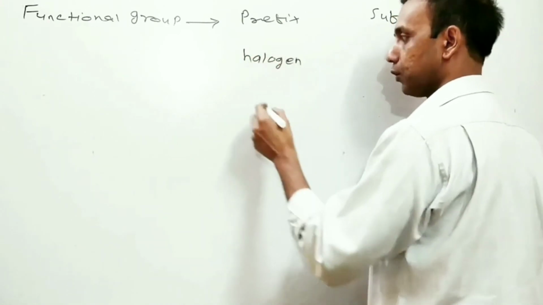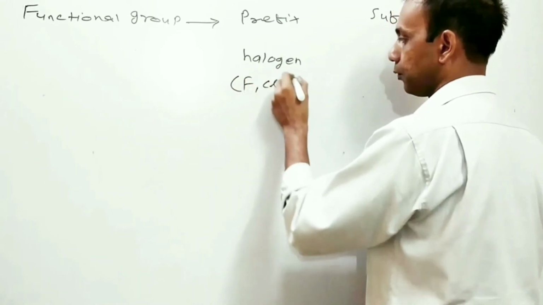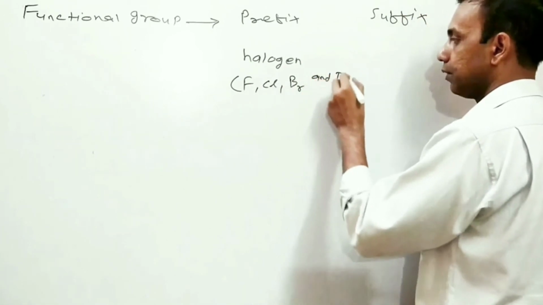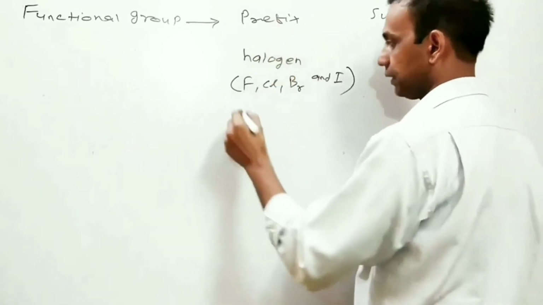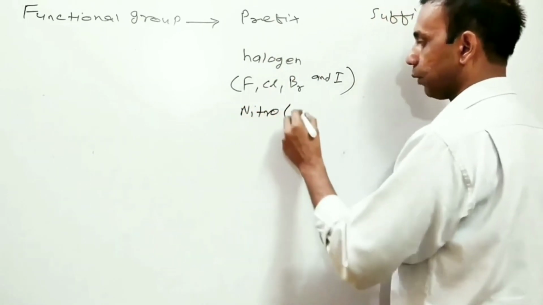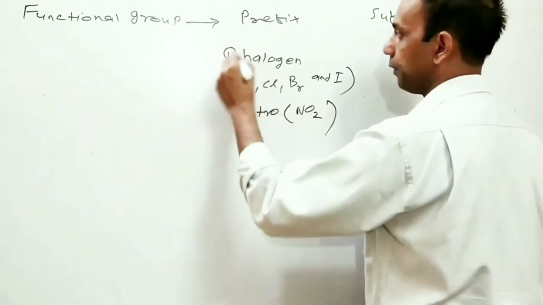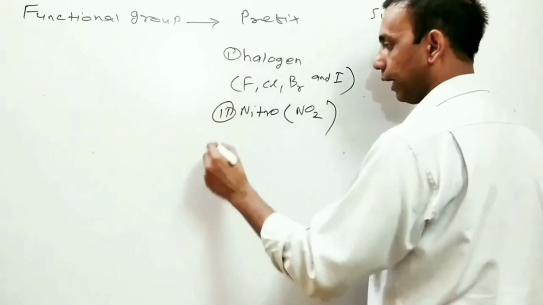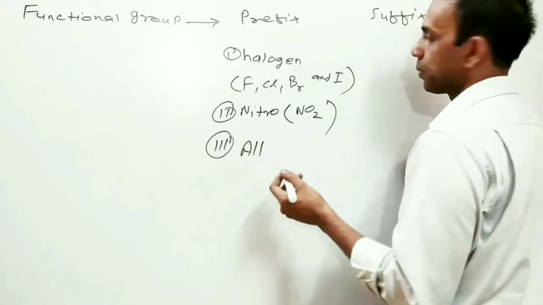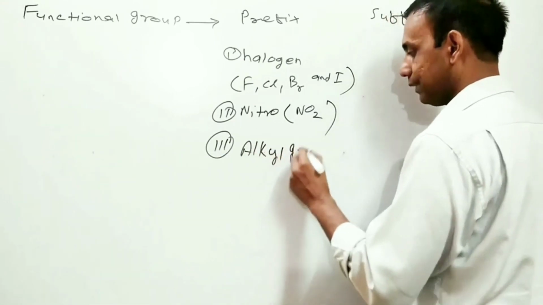What that means is chlorine, bromine, and iodine will always be used as a prefix. Then there is nitro. What is the formula? NO2, right? So that is also a prefix group. There is another prefix group, and the third one is alkyl group. I let you know earlier. So it's alkyl group.